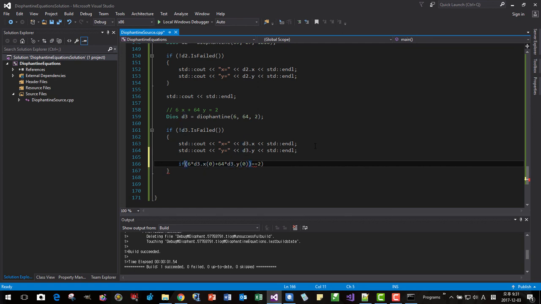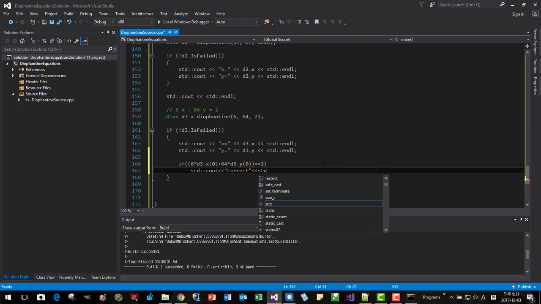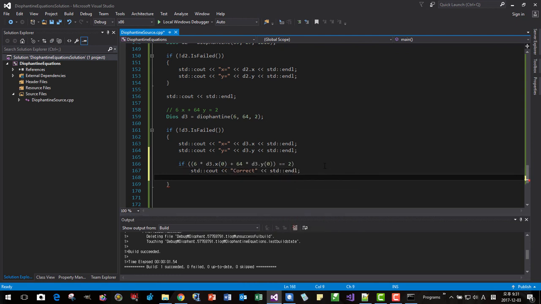My solution is correct. std::cout, I say correct. Else I can say wrong, incorrect.